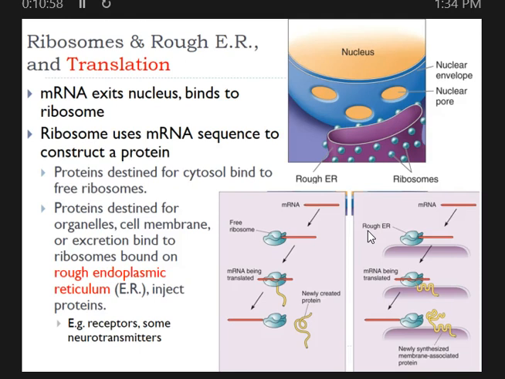So we call this membrane-bound organelle the rough endoplasmic reticulum, or rough ER. You do need to know endoplasmic reticulum, so there it is spelled out. It's called rough because when you look at it under an electron microscope, you literally can see the little studs of all these ribosomes sticking off of it, because all the time there'll be ribosomes producing proteins, and some of them will be attached to that endoplasmic reticulum.